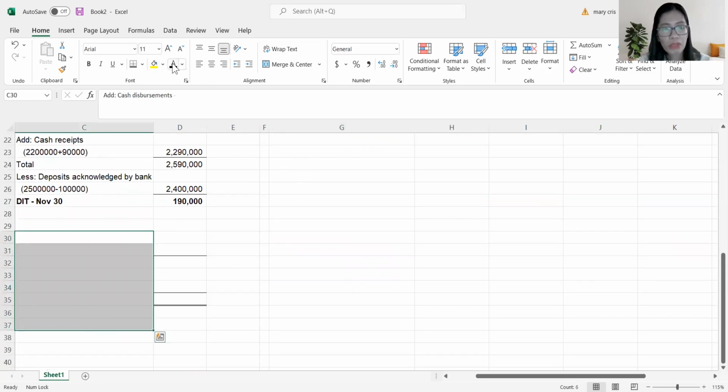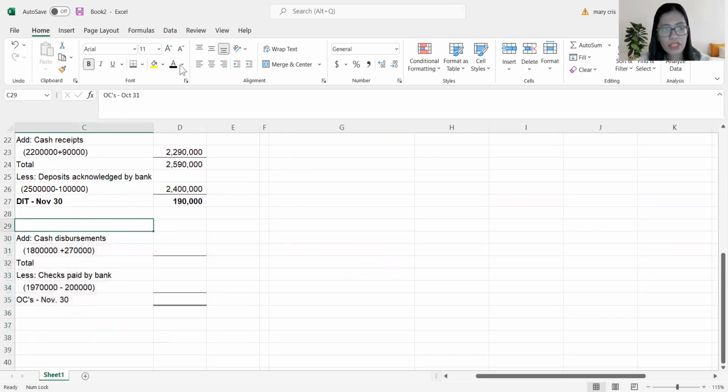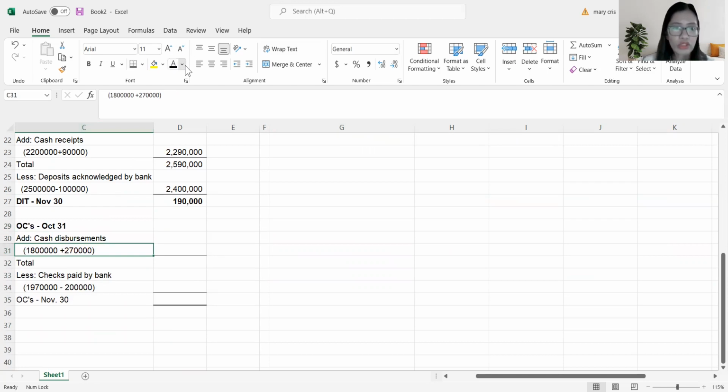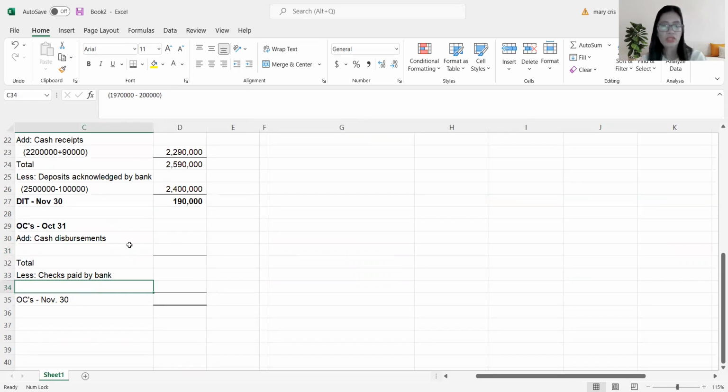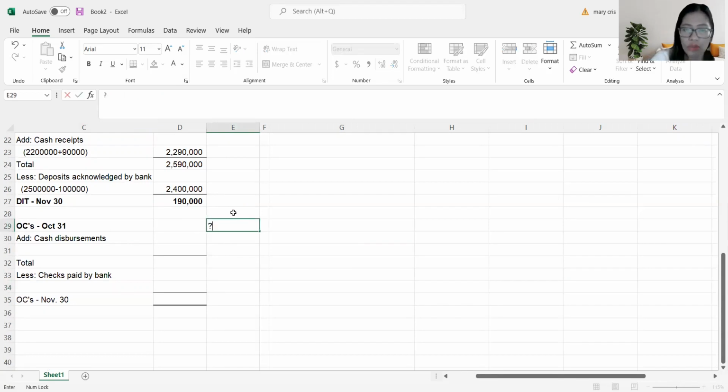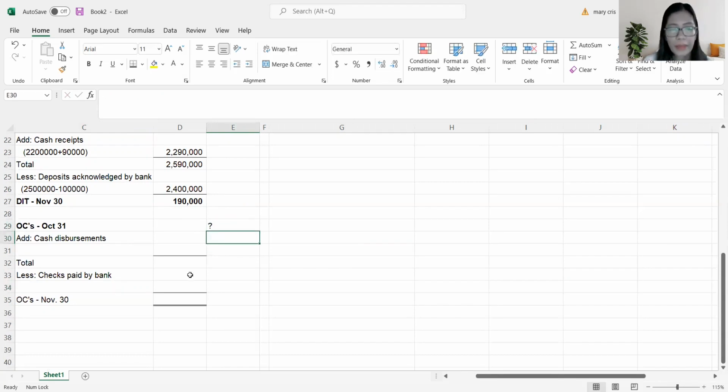Let's start at the bottom, but we can first plot the amounts. This is the usual computation, the usual formula to compute for your outstanding check.